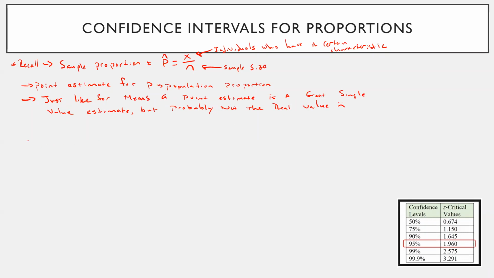Okay, so again, we probably cannot know the real population proportion. So again, what we do is we estimate it with a confidence interval.